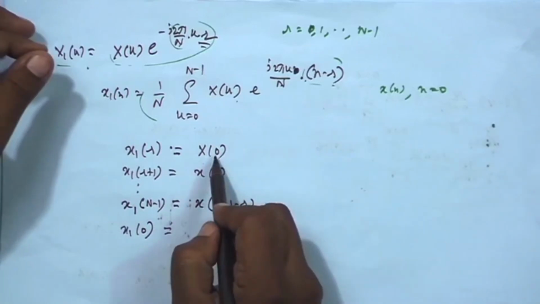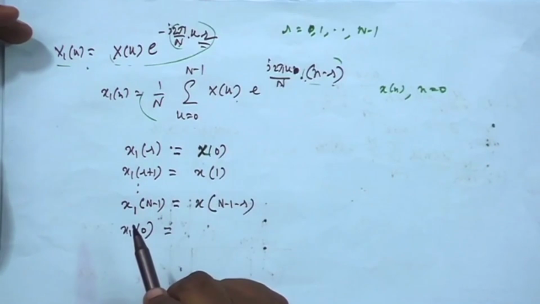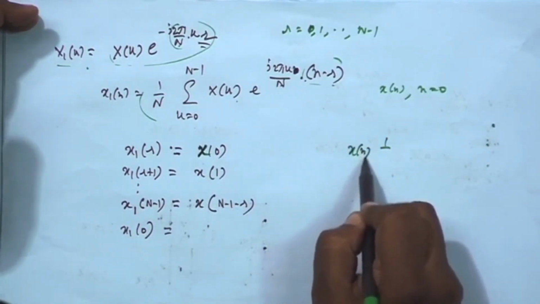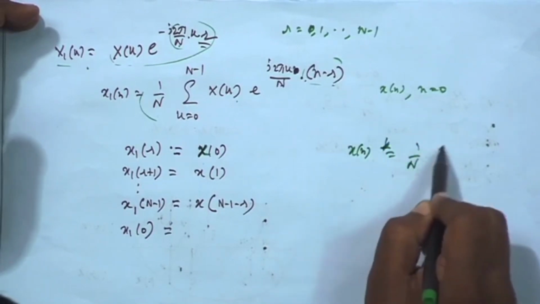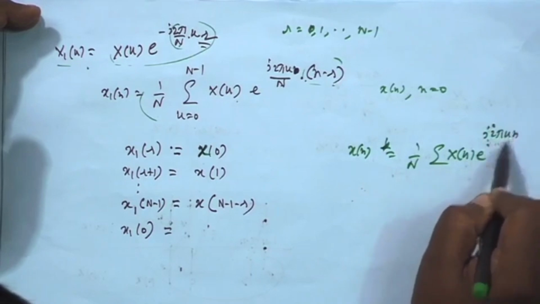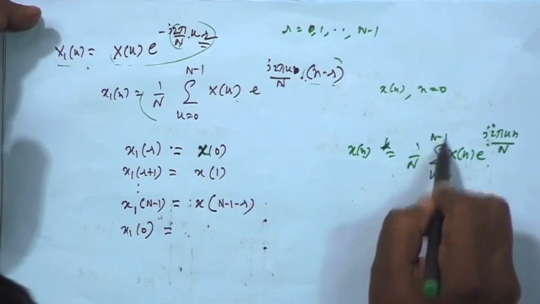So, you should go back to x 0. Okay, you remember what is x n? That was x k e to the power j 2 pi k n by n summation over this.